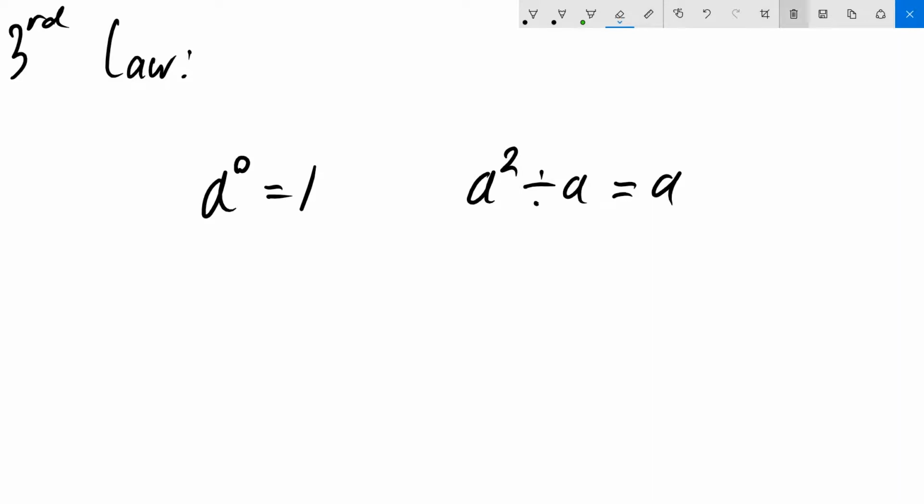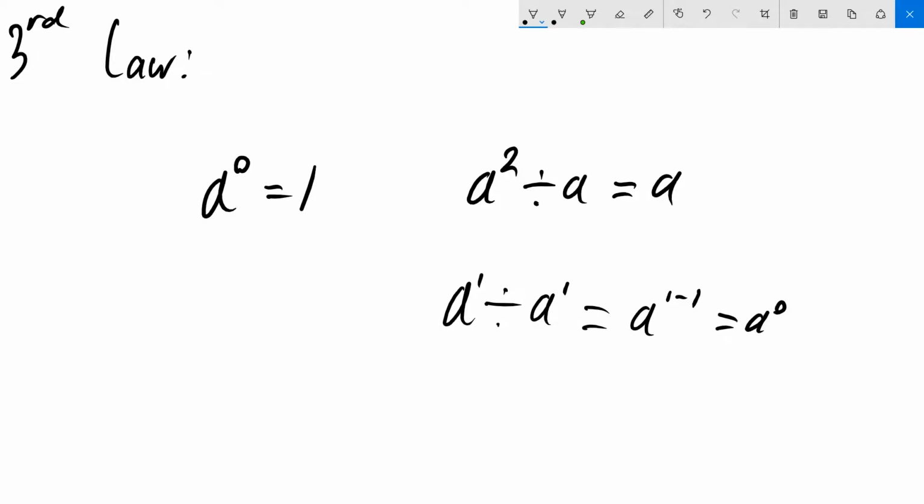Okay, so if we now have a divided by a, it's just a to the 1, which is going to equal a to the 1 minus 1, right? Which is 0. So a to the 0.